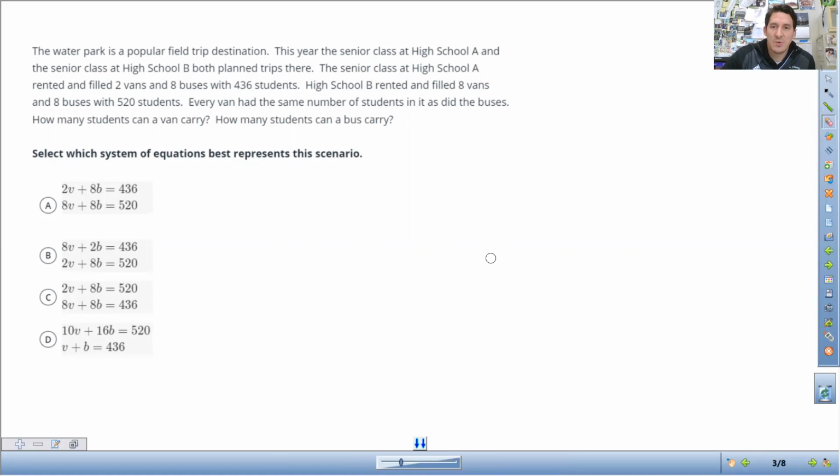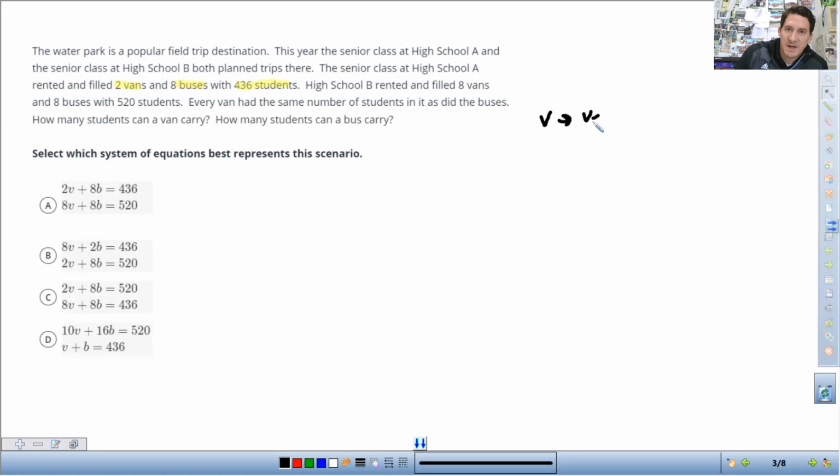So we need to make 2 equations out of this, and you just need to pick out the important information. So for high school A, we had 2 vans, 8 buses, and 436 students. Pretty simple to set up this equation. We need variables to represent the vans and buses.